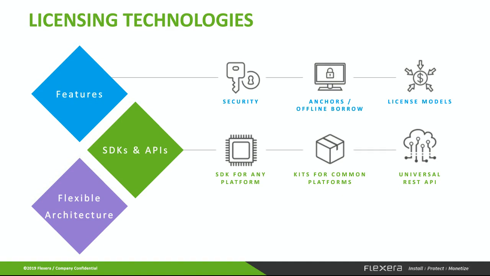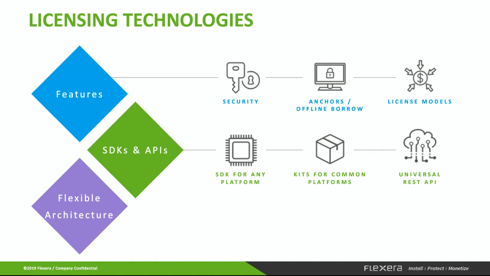In terms of the actual technology, an SDK or an API, generally, if you're on a common platform, a kit is quite an easy thing to just pick up and use. If you're looking for something more universal, then the REST API is amazing for you. But also, if you're using something really esoteric, a very specific hardware platform, then an SDK that can compile straight onto that platform or even onto bare metal hardware is really good.